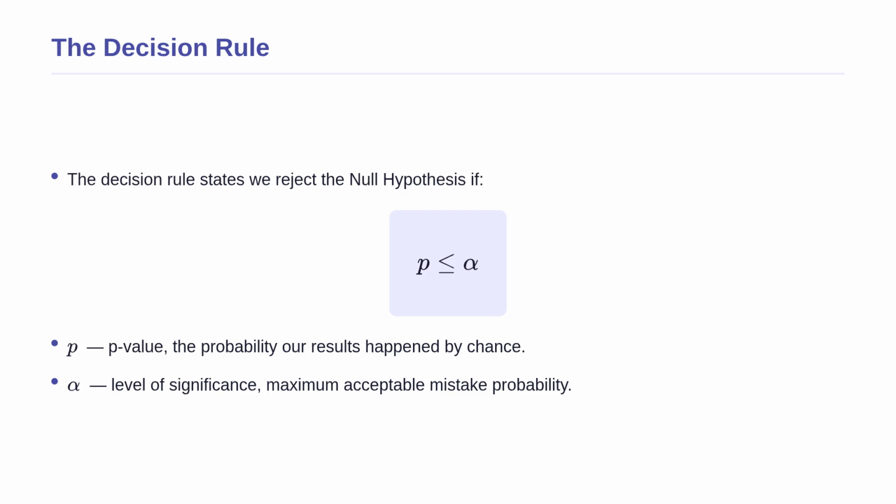This is the maximum probability of making a mistake that we are willing to accept, usually set at 5%. If our calculated p is less than or equal to alpha, the results are so rare that we must reject the null hypothesis. If the p-value increases and becomes larger than alpha, we fail to reject the status quo because there's too high a chance that our results were just random noise.